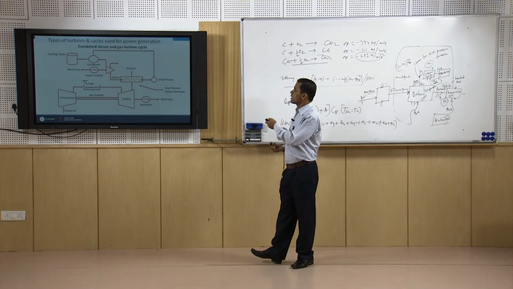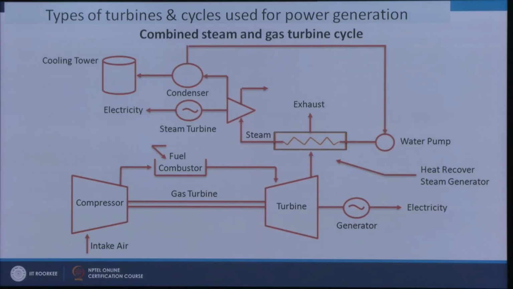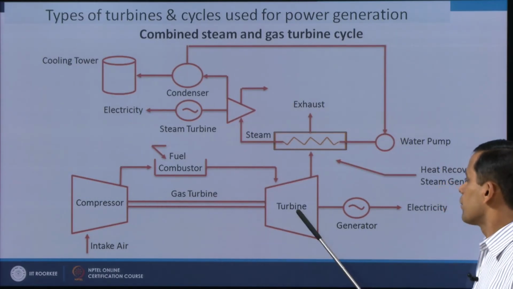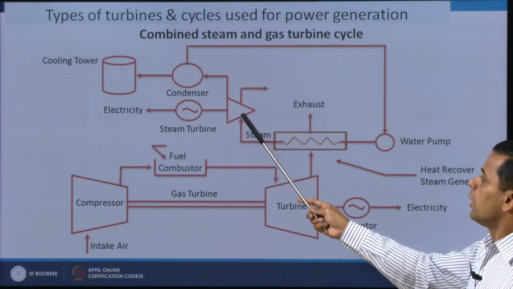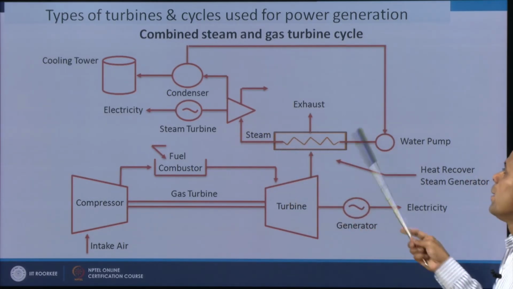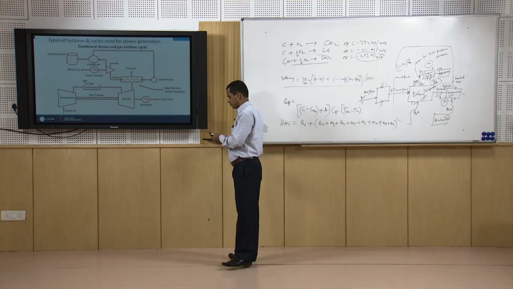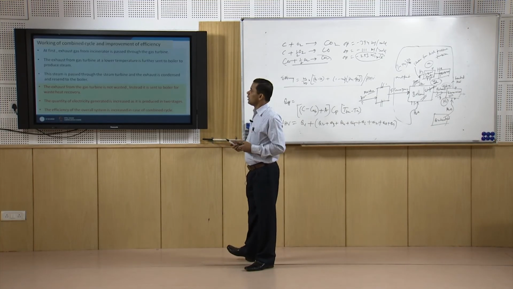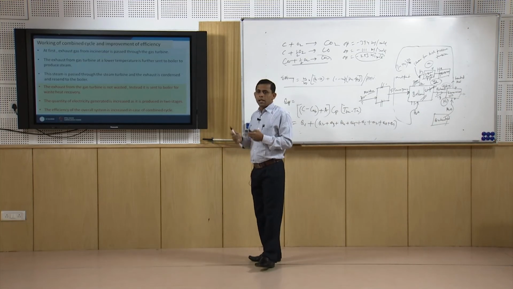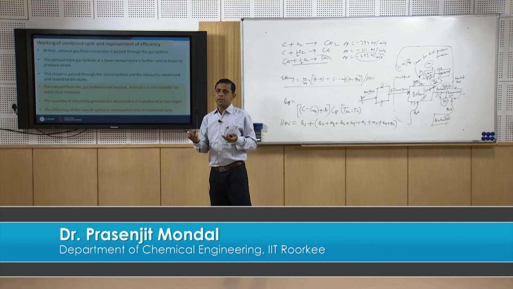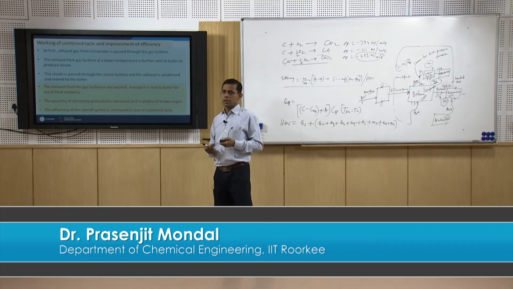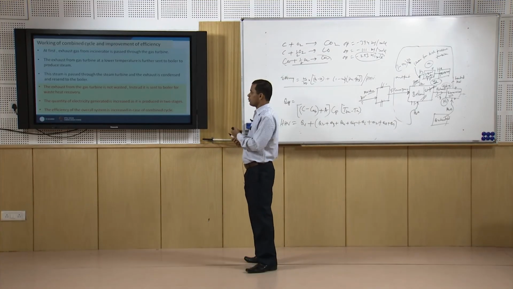And this is the combined cycle, meaning both steam and gas turbines are available. The gas turbine works first, and the exhaust of the gas turbine is used for steam generation, and then condensation goes on. This is the combined cycle operation, and as both types of turbines are used, the loss of heat is reduced, so efficiency is more.